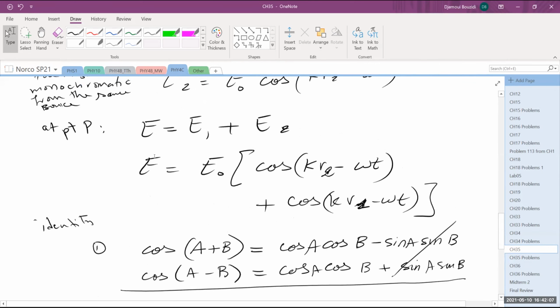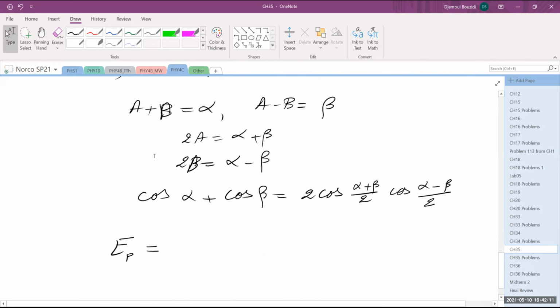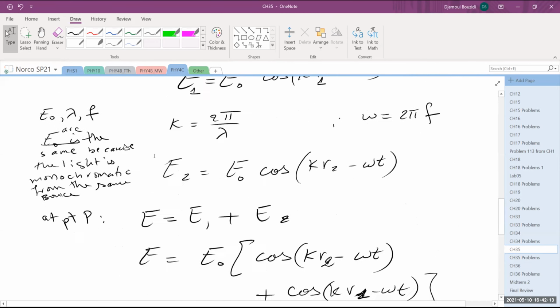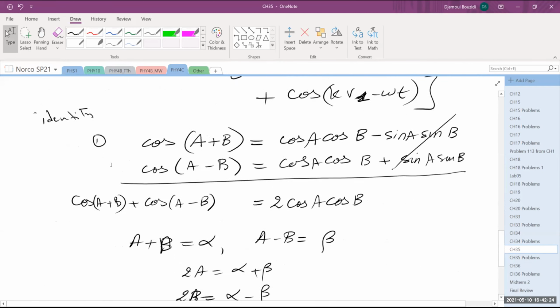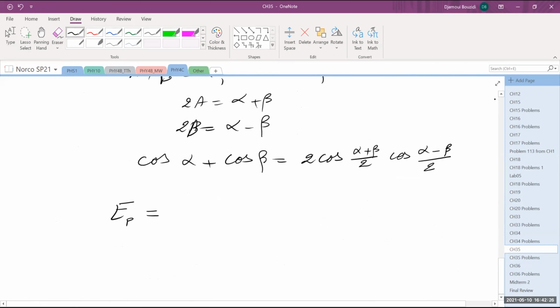This is the wave at point P that is coming from the superposition of the two waves coming from the two sources S1 and S2. It is going to have a 2 first of all, this 2. Cosine, I'm going to write this term first. And let me tell you why.